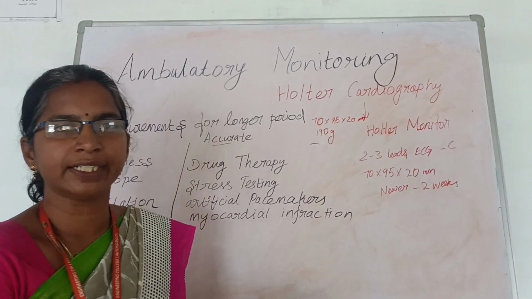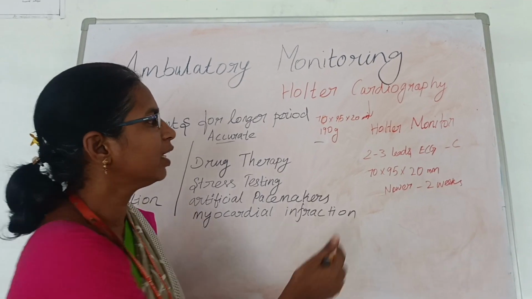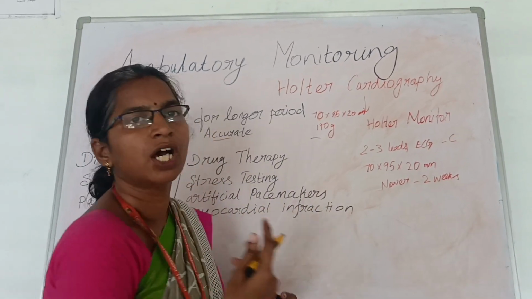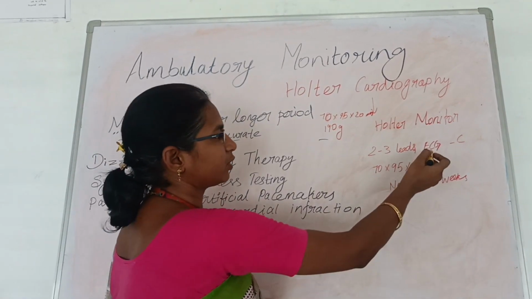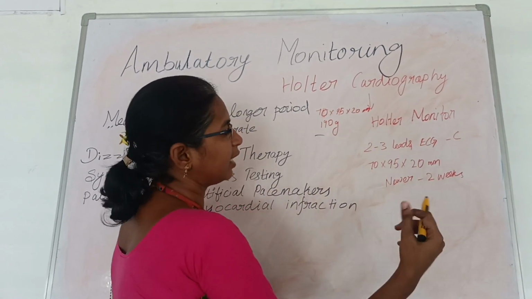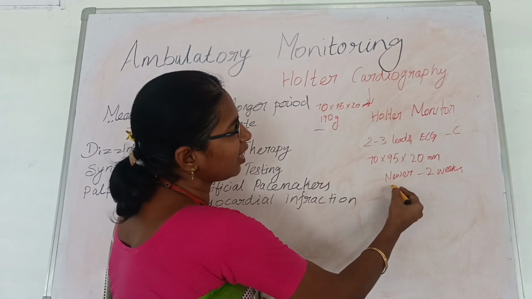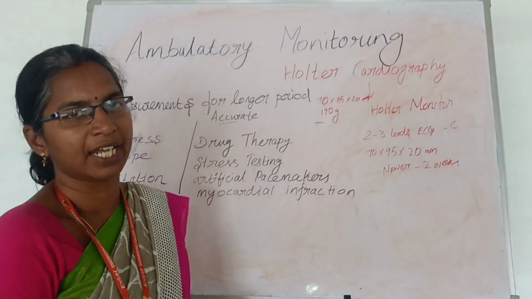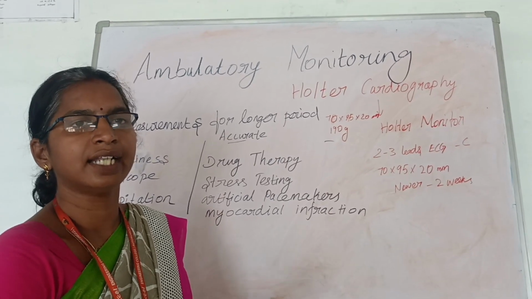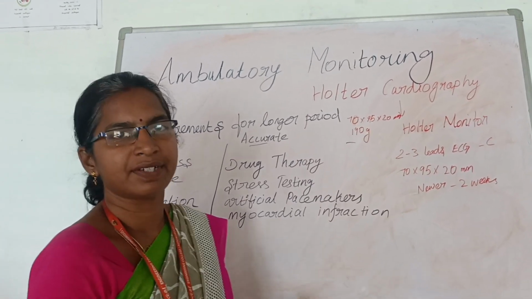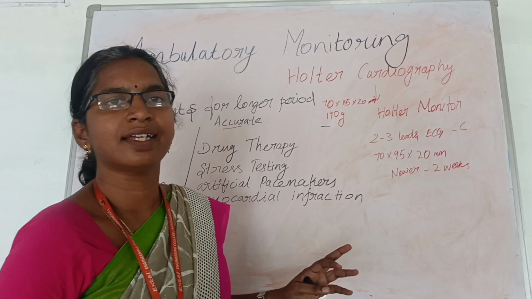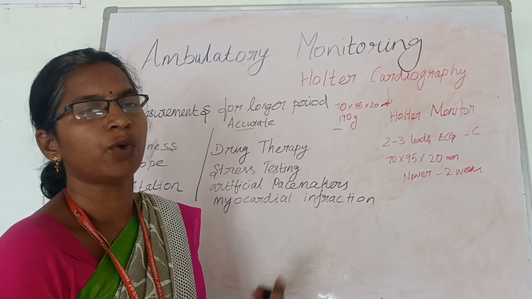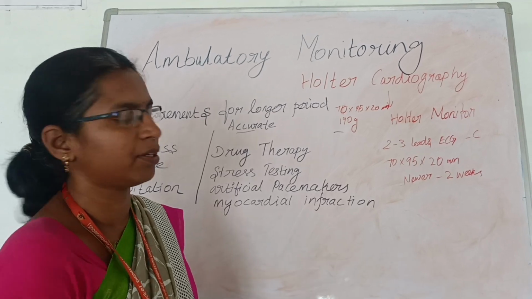These Holter monitors can be worn by the person wherever they are active. They place 2 to 3 chest electrodes to get the data. Generally they monitor for 24 to 72 hours, and the data is stored in the device. When they visit the hospital, the ECG data can be analyzed and interpreted, showing what condition they have.